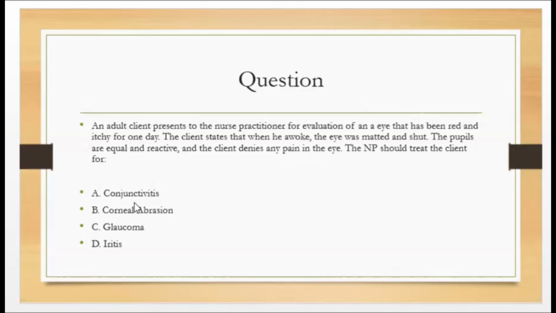Then we have viral. Viral is watery discharge, and viral always starts with one eye, unilateral, before it can become bilateral. Both viral and bacterial are usually unilateral before going bilateral. But allergic starts bilateral.